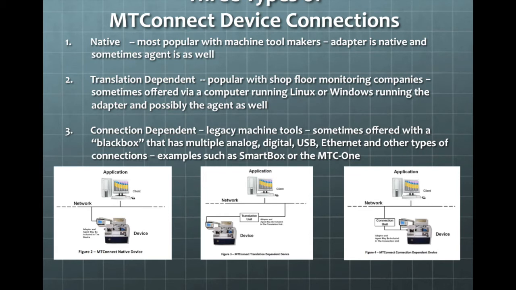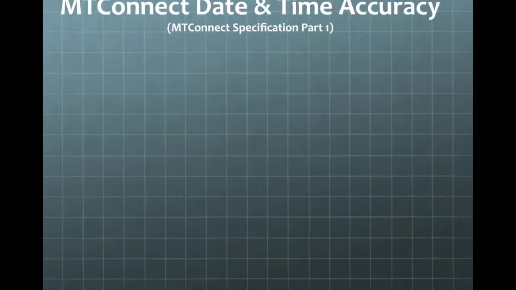When you use this box, you typically have software that also needs to be configured, or is used to talk to these various types of signals to then translate or condition that so that it eventually becomes MTConnect coming out of that box. Examples of this in the industry are Mazak SmartBox and the MTC1 from MX.